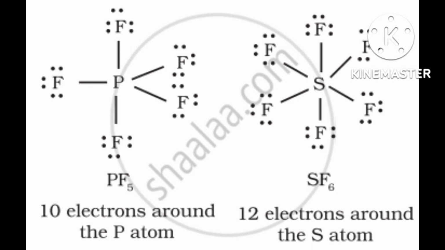It is in second position in the whole periodic table. Fluorine is the most electronegative, second is oxygen, third is nitrogen, and after that bromine, iodine, like that. This question is also asked: arrange the electronegativity. First fluorine, second oxygen, third nitrogen, they are decreasing. After that bromine, iodine, starting in that way.